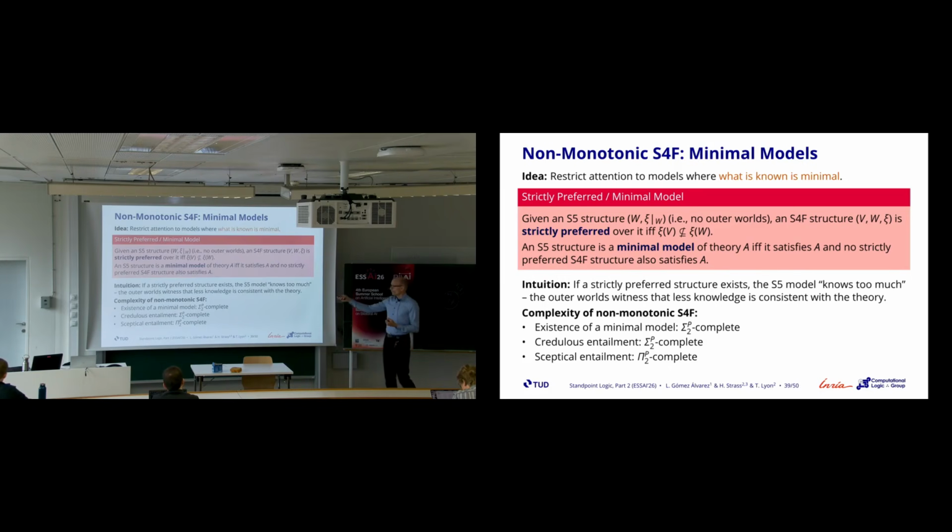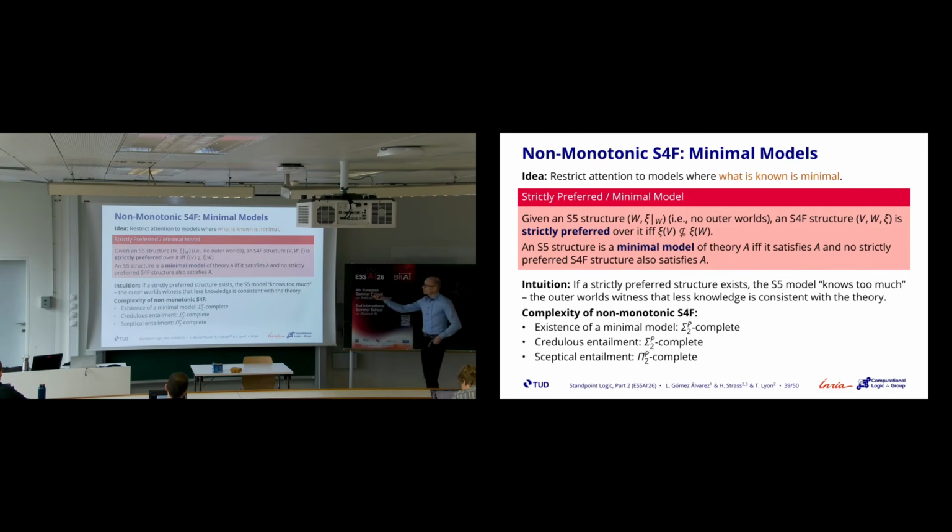It must be a model of the theory. And it must be the case that there is no S4F model of the theory that is strictly preferred. And the idea there is that in this S5 structure, we really have taken all of the possible worlds, so there's nothing that we could potentially add to our structure.